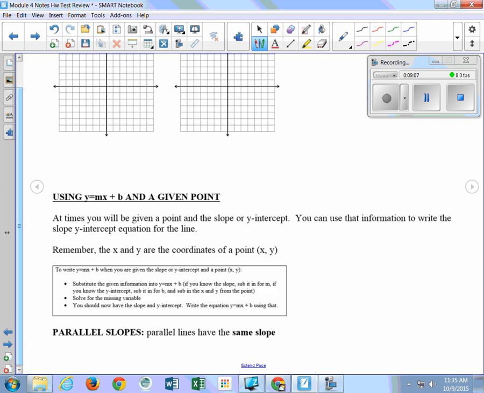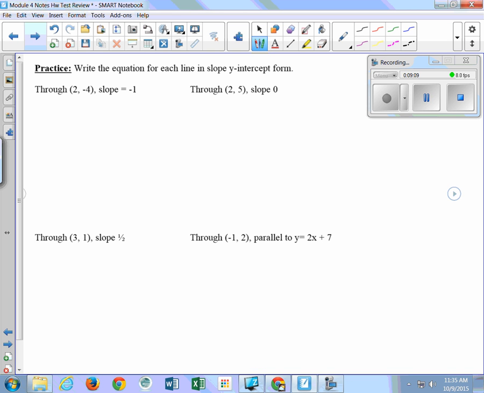All right, so let's look at what I'm talking about. So, y equals mx plus b. Fill in the information that you're given. So 2 is my x, y is negative 4. So I'm going to plug in that information.